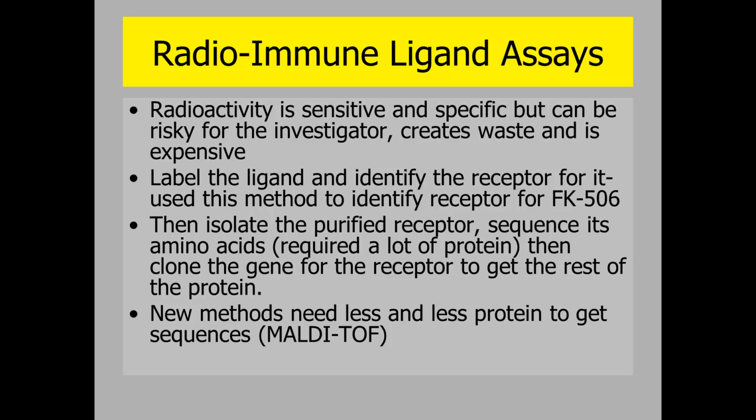And the new methods that are being used for protein sequencing need less and less protein to get some sequences. So this method, for example, of MALDI-TOF means that if you can purify a particular protein, you can identify a lot of information about it.